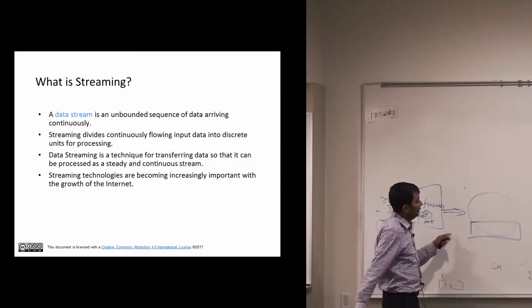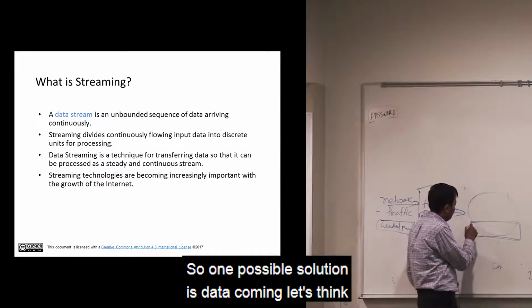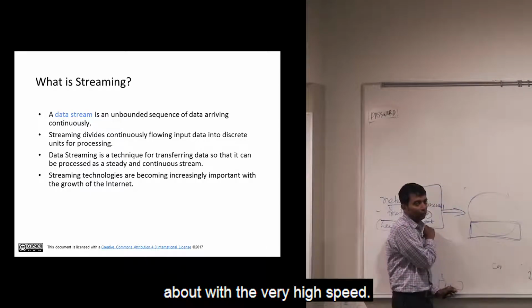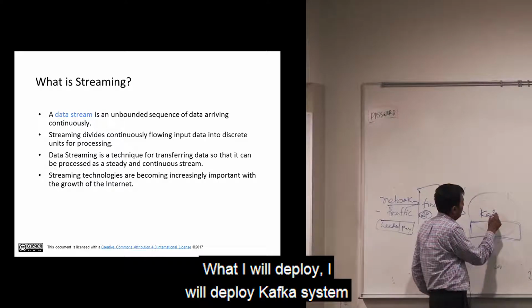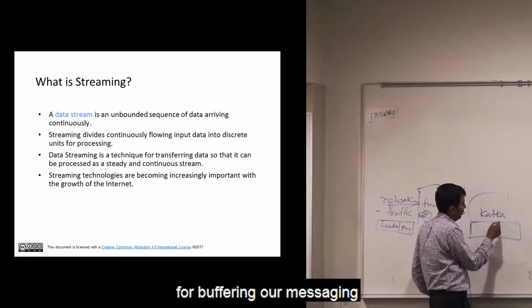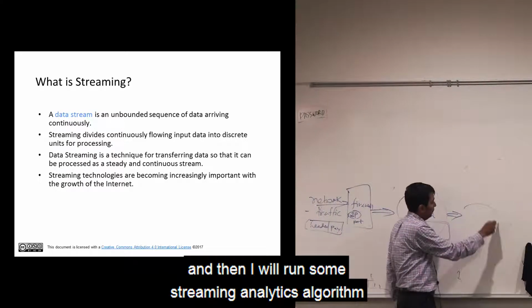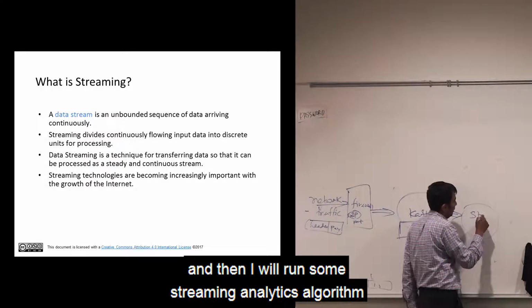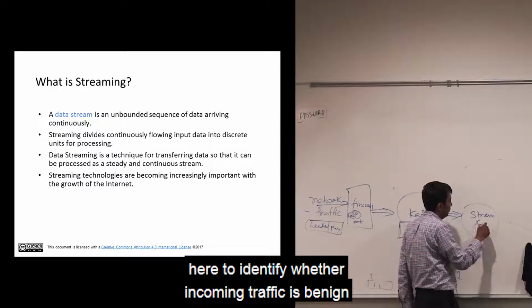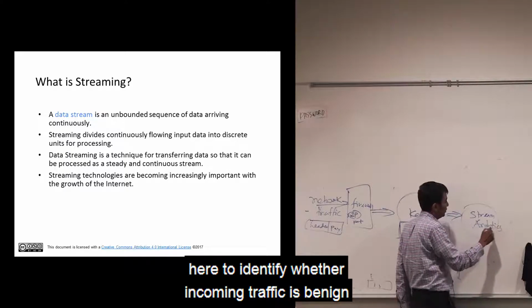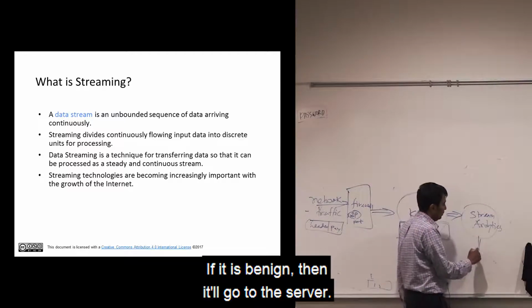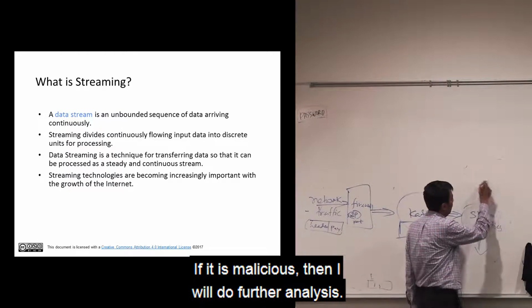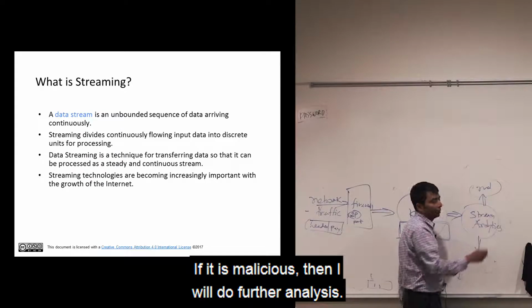So one possible solution, let's think the data are coming at a very high speed, is that I will deploy a Kafka system for buffering or messaging, and then I will run some streaming analytics algorithm here to identify whether the incoming traffic is benign or malicious. If it is benign, then it will go to the server. If it is malicious, then I will do further analysis.